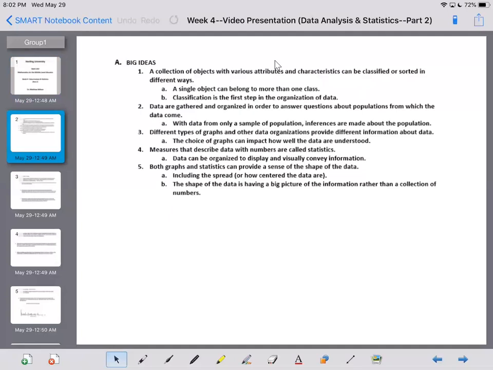We'll look at graphs, and whether those are histograms or dot plots. We can look at and determine whether, if we pulled a random sample, is it coming from a certain population or not.